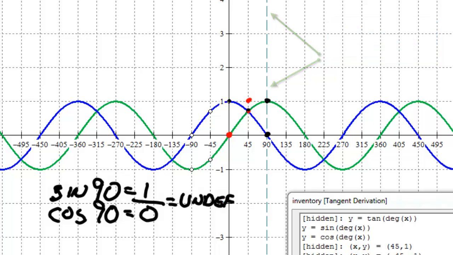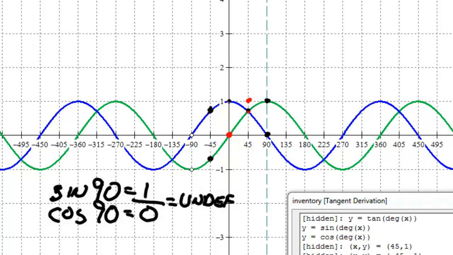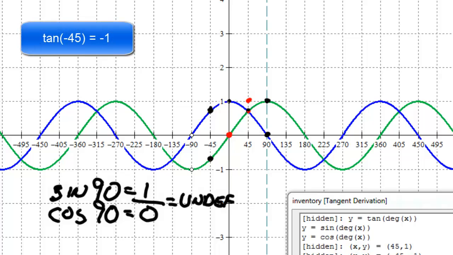If I move to the left of the y-axis, I can see the same sorts of relationships, and I can plot what's going on there using the appropriate sine and cosine values. At negative 45 degrees, we see that the cosine is a positive 1 over the square root of 2, and the sine is a negative 1 over the square root of 2. So when I create that ratio, the tangent has a value of negative 1.